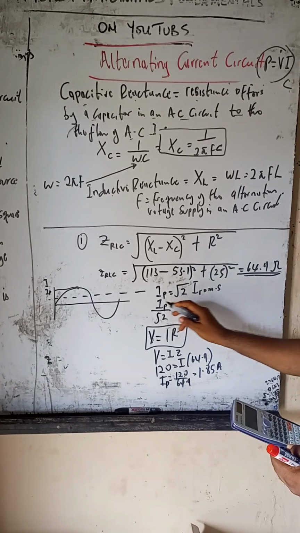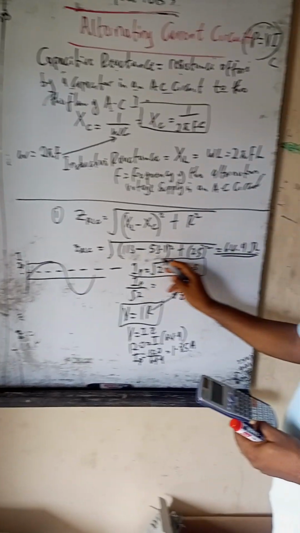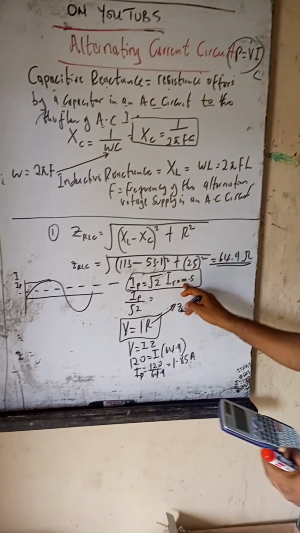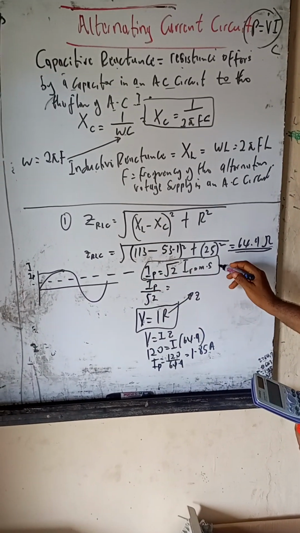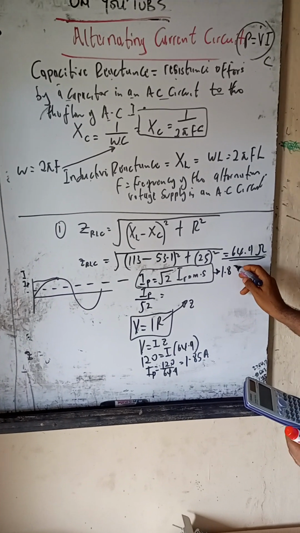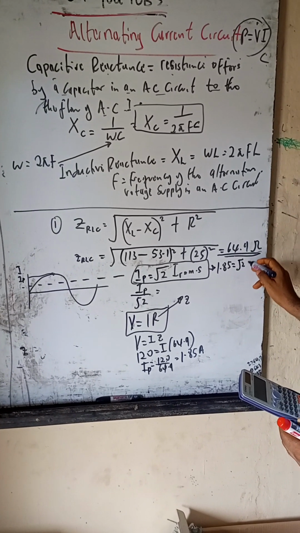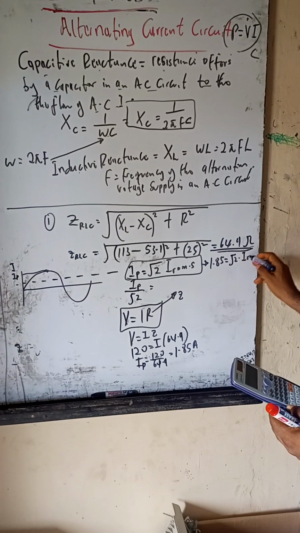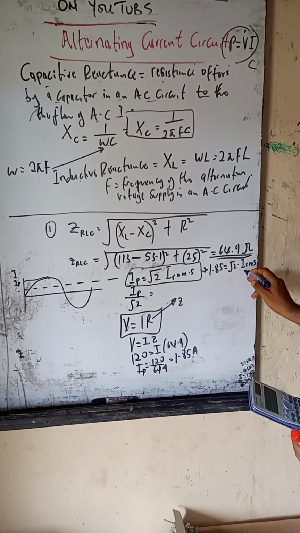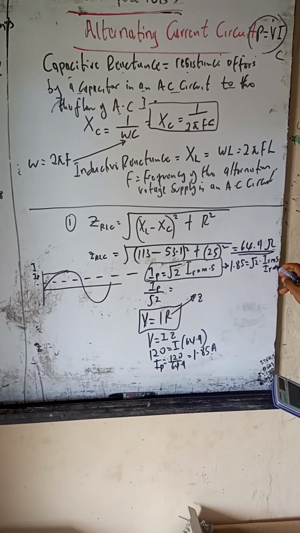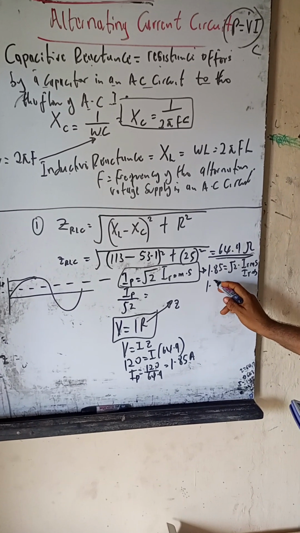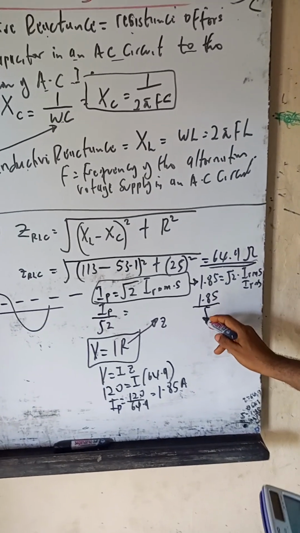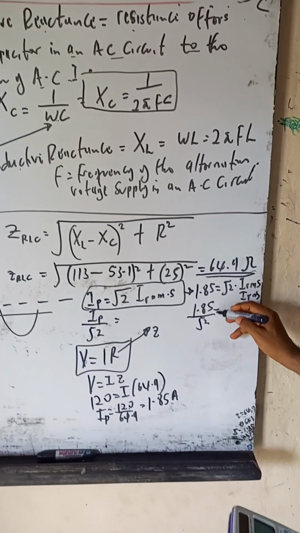Now, the relationship between the peak value and the IRMS value is what we have here. So I will substitute the value of this peak value in this formula. So this one will now become 1.85 is equal to square root of 2 times the root mean square value of the current. So we make the root mean square value of this current the subject of the formula by dividing both sides by square root of 2. So I have 1.85 divided by square root of 2.